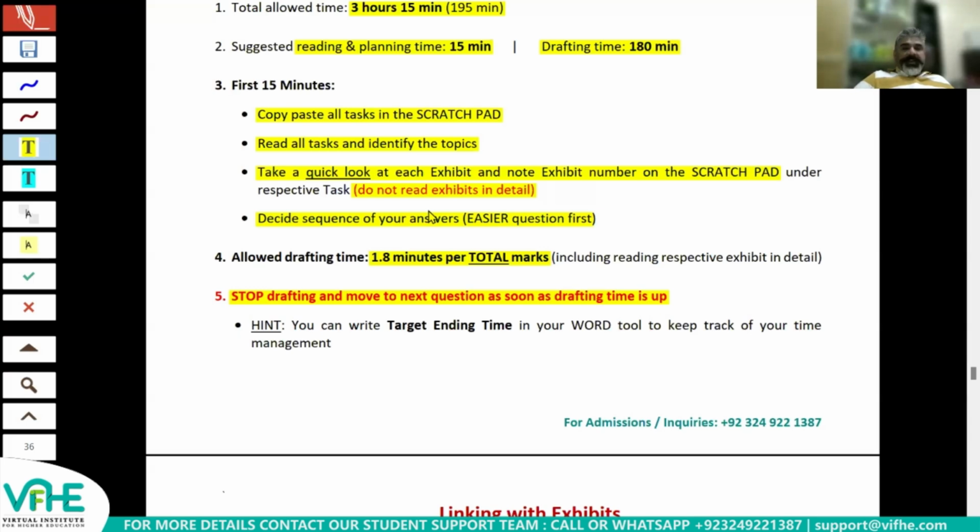Yes, you will need to just complete that one paragraph which you are drafting, leave some space, and move to the next question. Do not overspend the time, because then you will fall into a time trap and it will affect your whole paper.